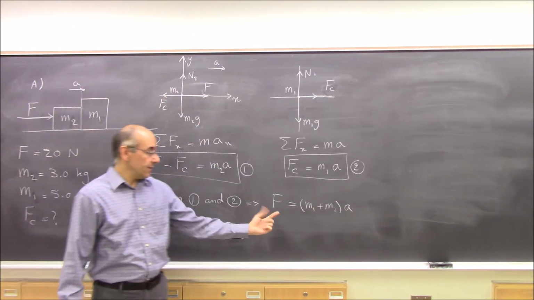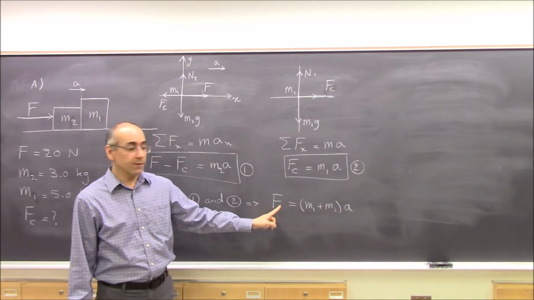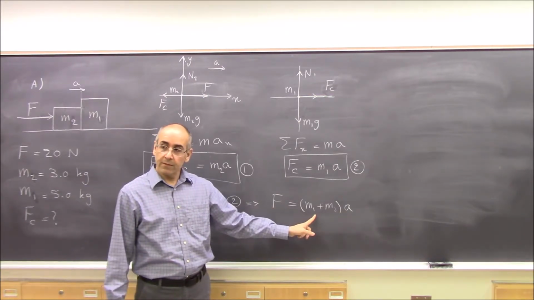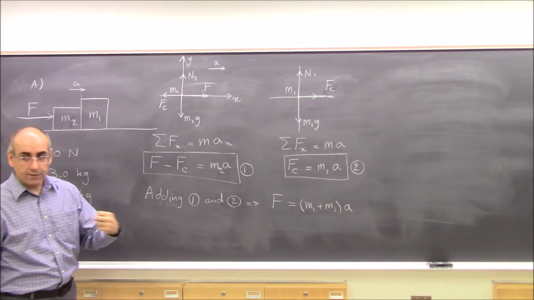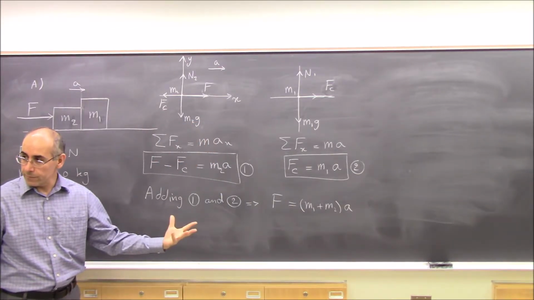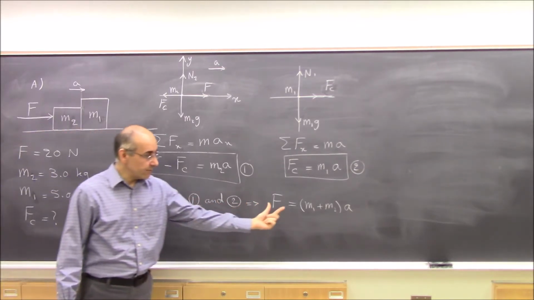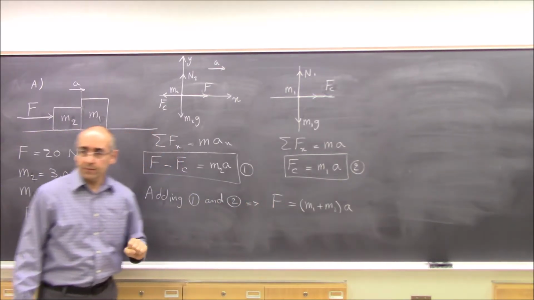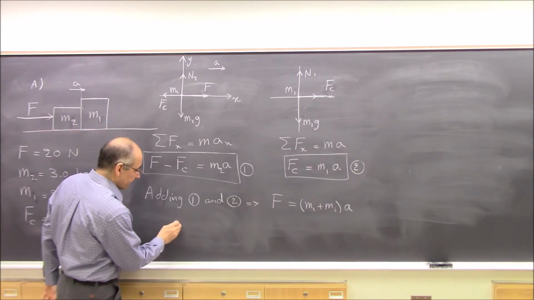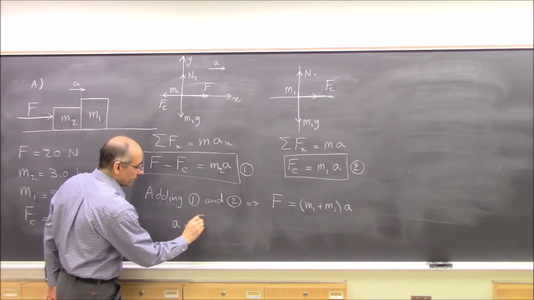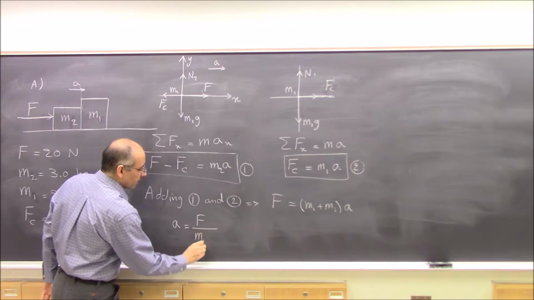Again, you can see that net external force is equal to total mass times acceleration. If you were experienced enough, you could write that from the beginning. The net external force accelerates both of the objects at the same time. So you can get the acceleration. So acceleration, therefore, is the force divided by M1 plus M2.